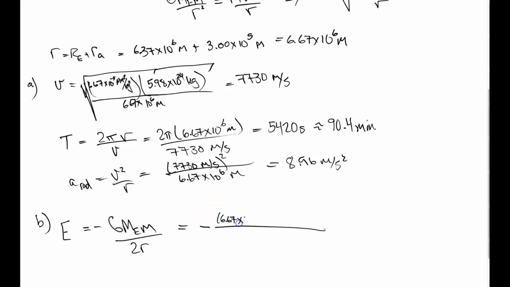6.67 times 10 to the minus 11th Newton meter squared per kilogram squared. Mass of the Earth again, 5.98 times 10 to the 24th kilogram. The satellite is 1,000 kilograms, over twice the radius of the orbit.